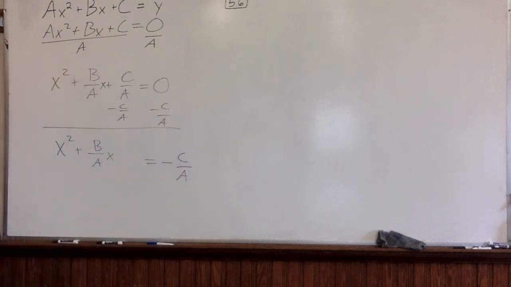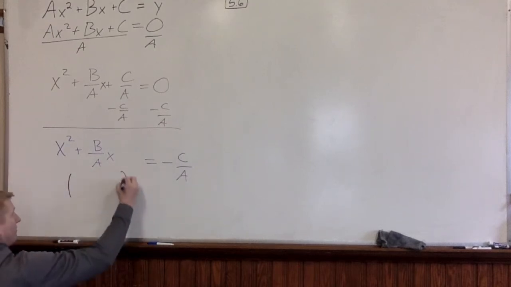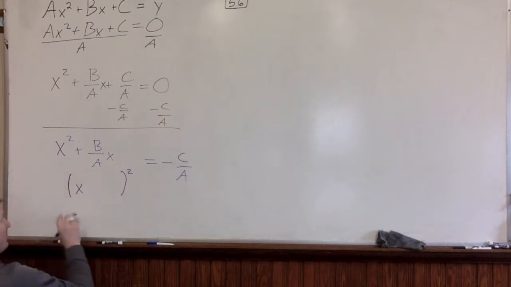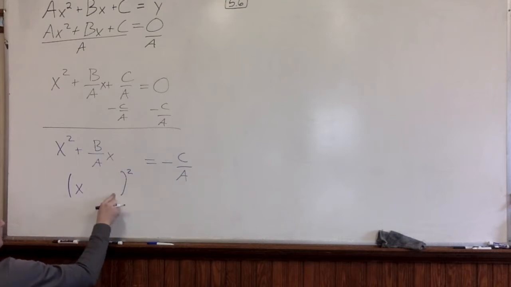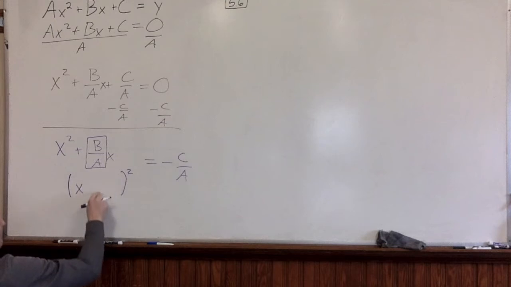All right. Now the next step is to force the left-hand side to look like a perfect square trinomial. So the way we do that is below, we're going to write our parentheses, quantity squared, and we want this essentially to be equivalent. We want to make this into a perfect square trinomial. The way we got this number is that we looked at whatever this number was, and we took half of it.